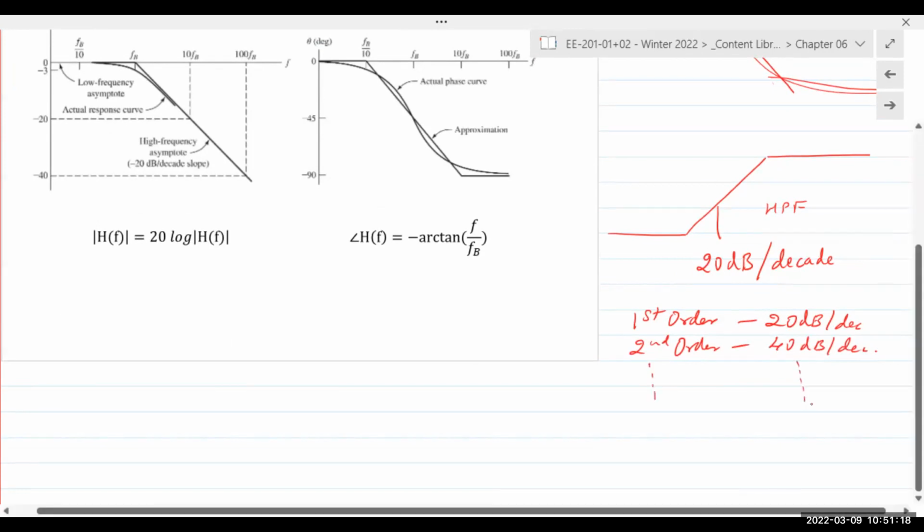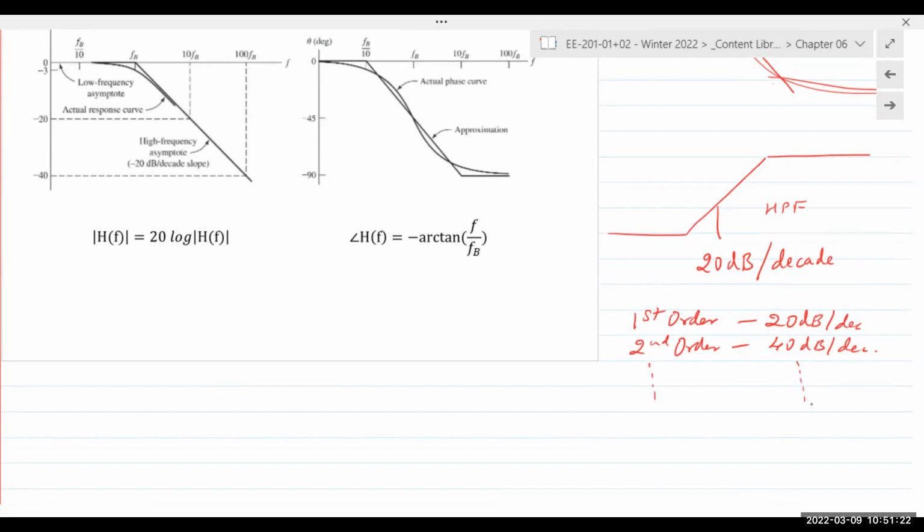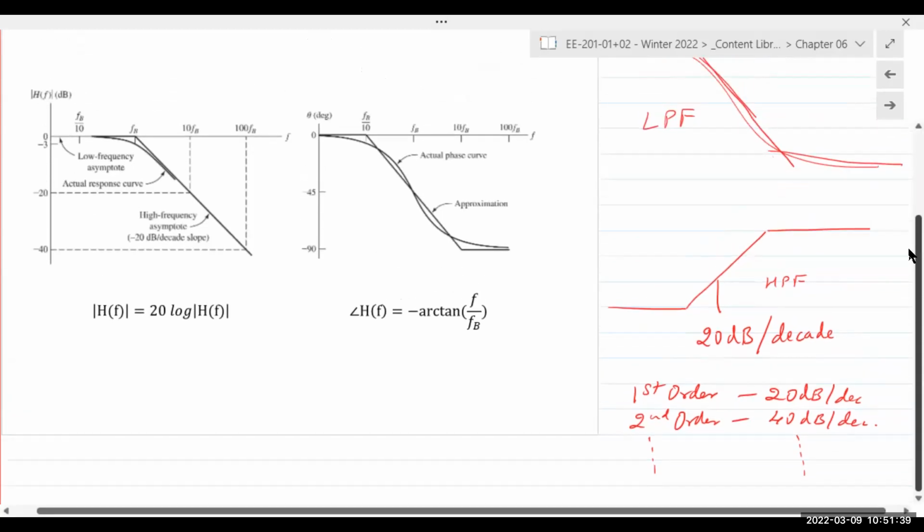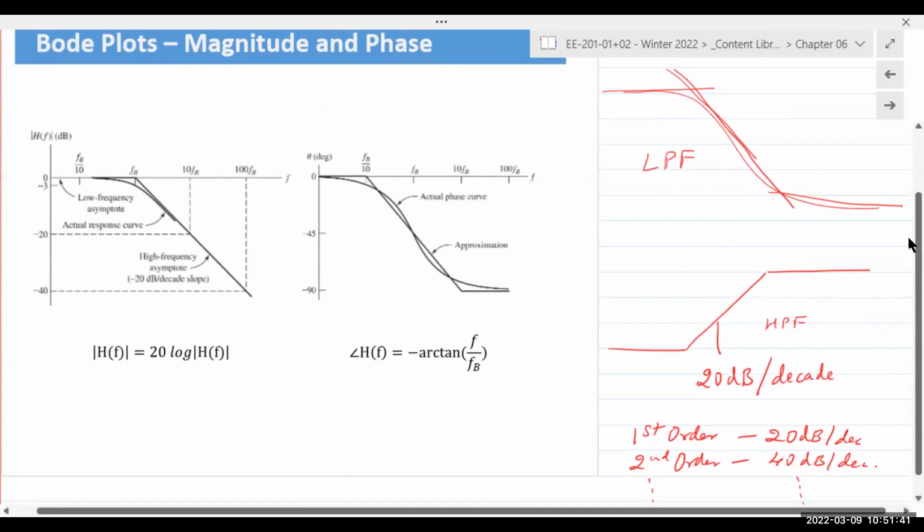You go to higher order filters to try to approximate the slope as close as possible to a vertical line, meaning an ideal response. Again, filter design is a whole different specialization within electrical engineering. There are many trade-offs, but that's what Bode plots are.